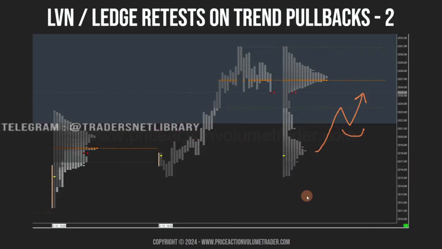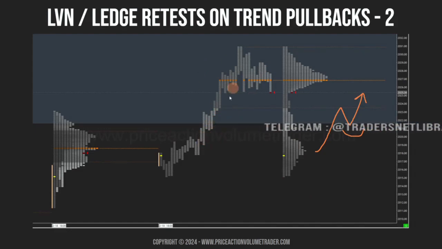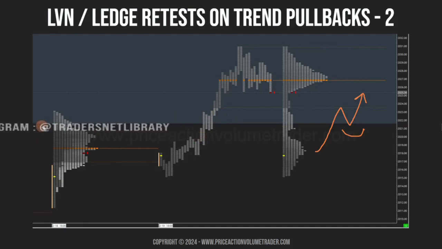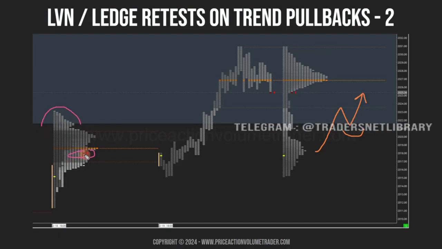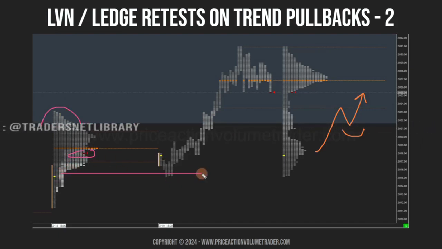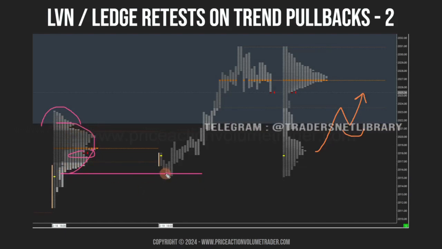So then right here, you can see if I zoom in on this area for this specific day, we did come into the value area, but then we closed back below. But then the next day we come in here, we're holding this edge of this ledge here on this TPO.